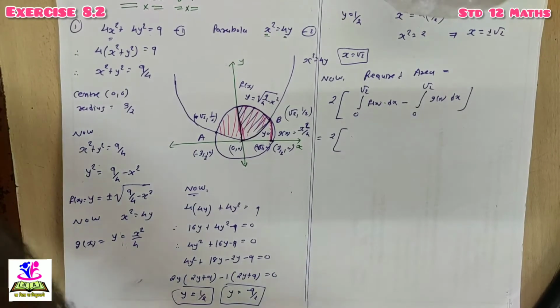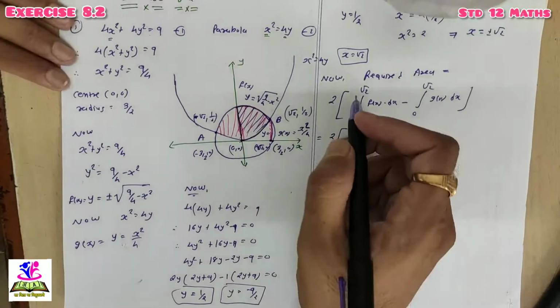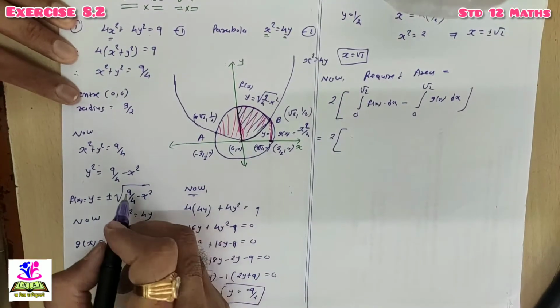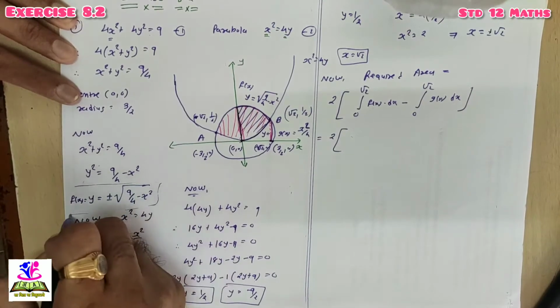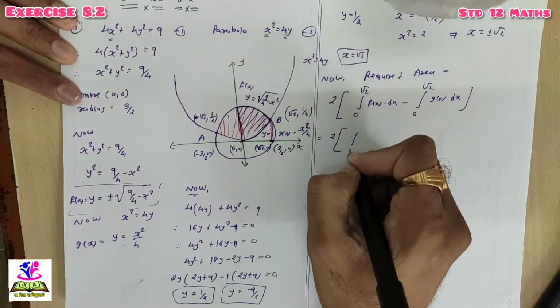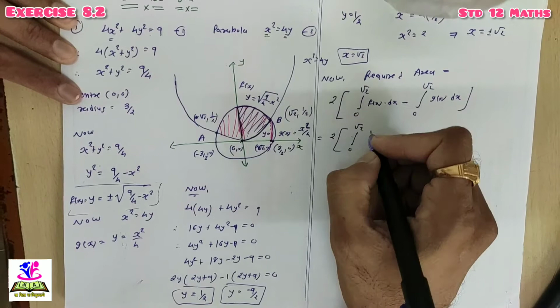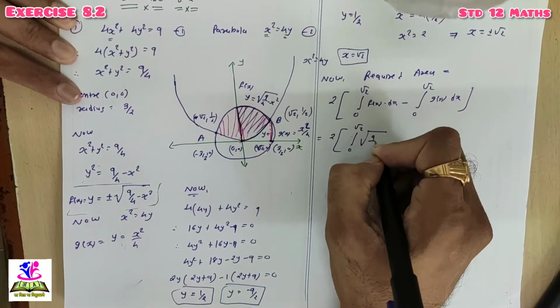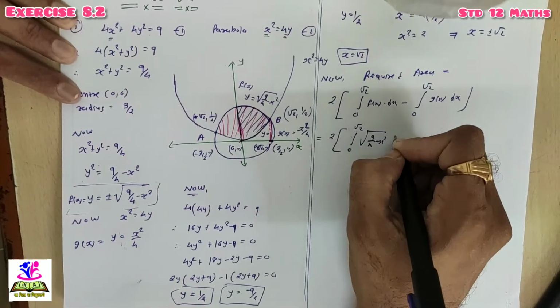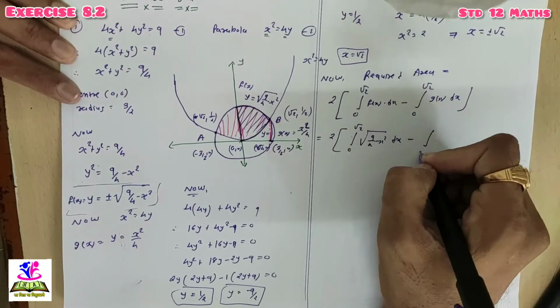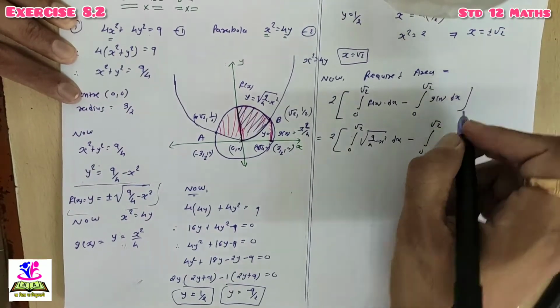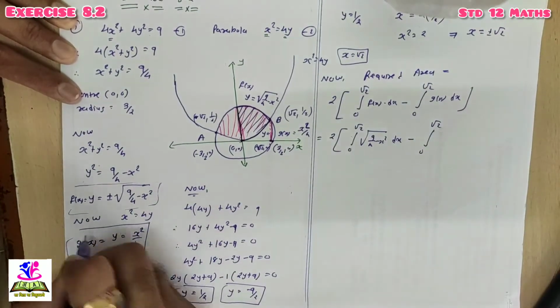F of x is the circle and g of x is our parabola. So our f of x is this one. So integration from 0 to root 2 of square root of 9 by 4 minus x square dx, minus 0 to root 2 g of x dx. G of x is this one, x square by 4.